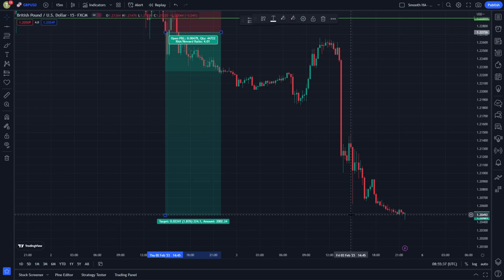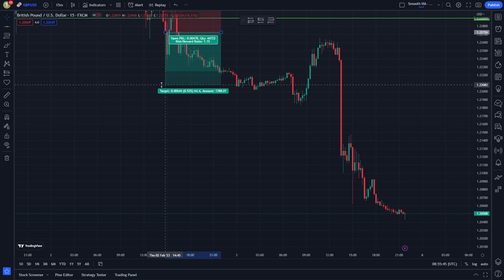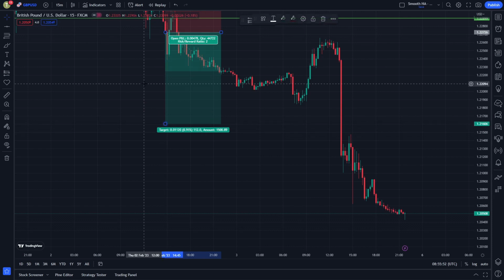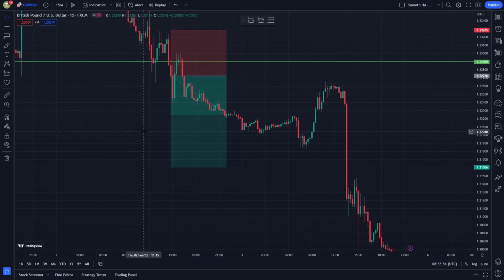Another way we could do it is, if you weren't sure about a particular target you wanted to go for, we could say, let's go back up to the 2R, which was here. And we could say, we're going to close 50% of our position at that point. So it's basically going to take us to break even if we close that. And then we're going to just let the rest of the trade run.